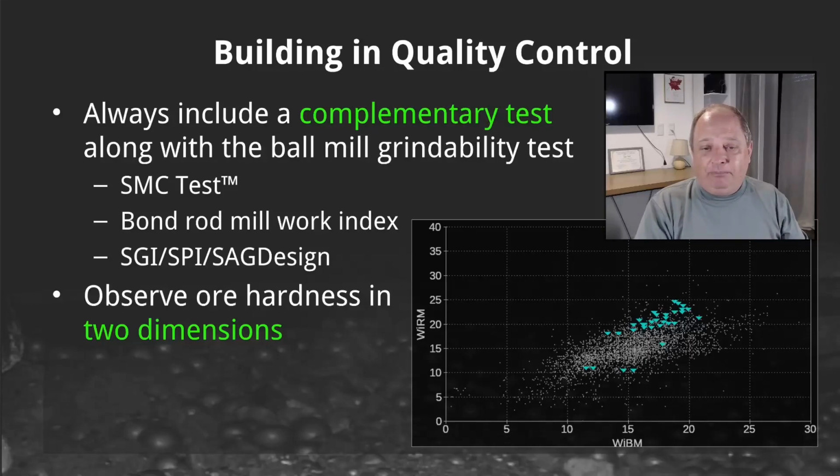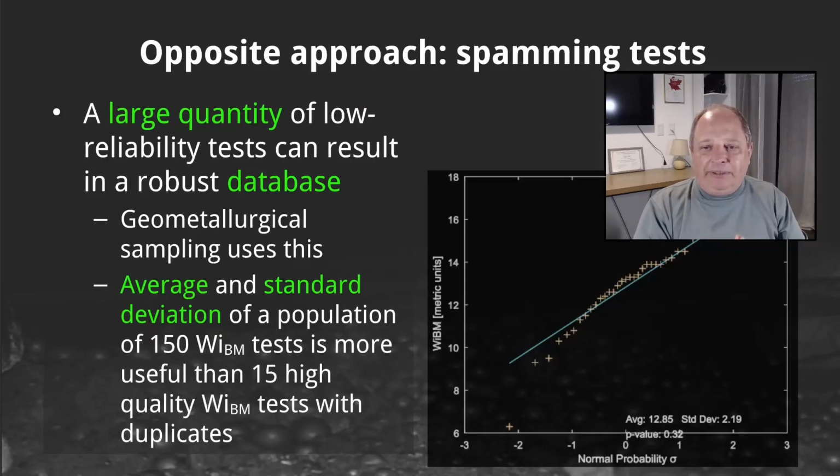What happened there? Another approach we can use is to use a large quantity of low reliability tests that can generate a robust database. So what I was talking about before is improving the robustness of individual tests. You can also spam a whole bunch of low reliability tests and have signal arise out of the noise.